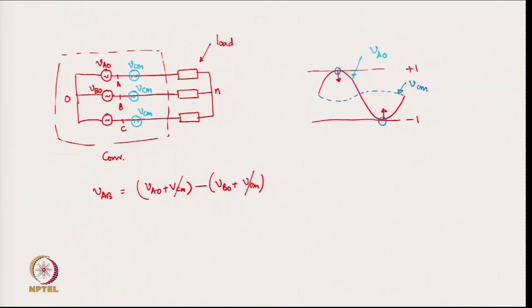So, although we can push the A phase down, we will be pushing the B and C phases up and beyond their +1 and -1 limits, which is not acceptable, because they will go into overmodulation region. So, adding this VCM as the fundamental is not allowed. So, this will not be possible to do.